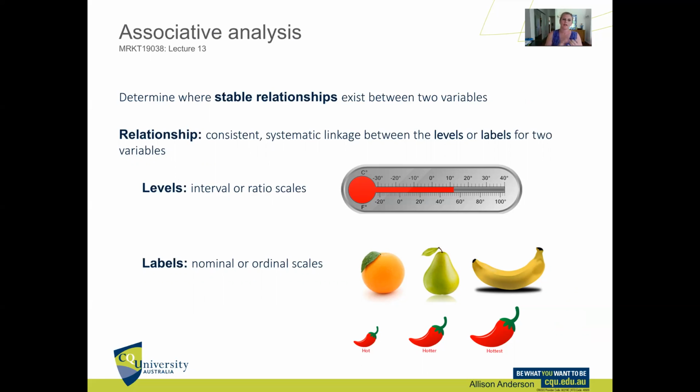Levels are interval or ratio scales, so some sort of measurement where there's a defined distance between each measurement. And labels are nominal or ordinal scales. A nominal, as I'll just remind you, is a named scale. Well, it's not even a scale, but it's a category.